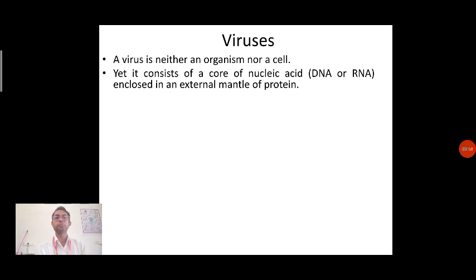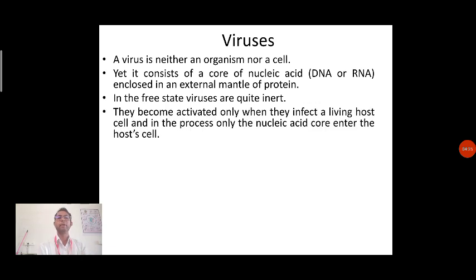Now it consists of a core of nucleic acid, that is DNA or RNA, and this DNA or RNA is enclosed in an external mantle or covering made up of protein. So protein is the external covering. The free state virus is quite inert. They remain as they are for a long duration until they get a proper type of host.